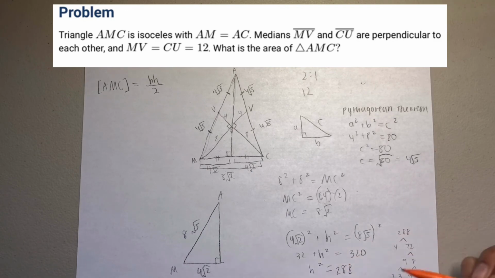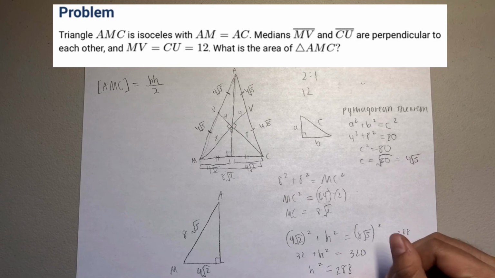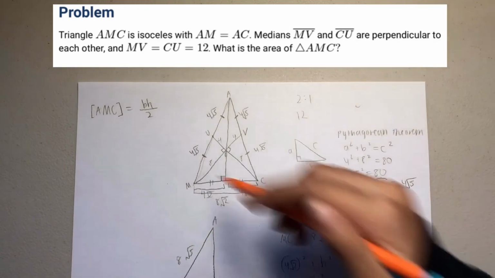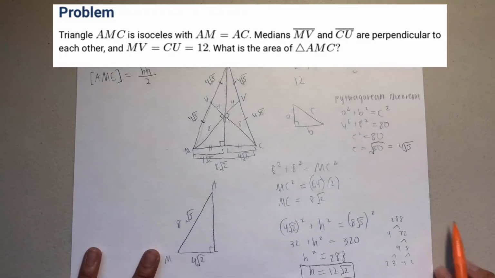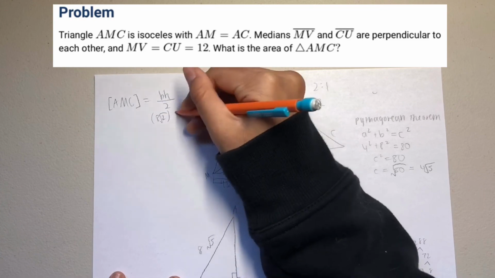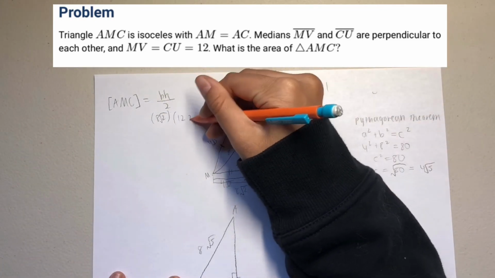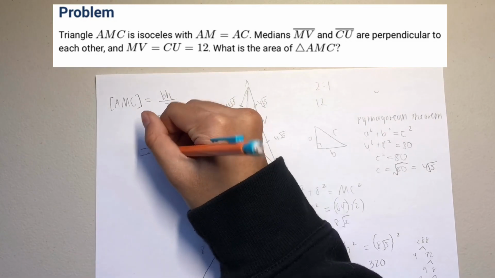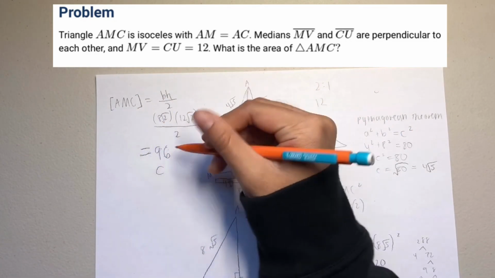So that means h is equal to 12 square root 2. And so now we can just plug it into our original equation right here. So base times height over 2. And so our final answer is 96, which is answer choice C.